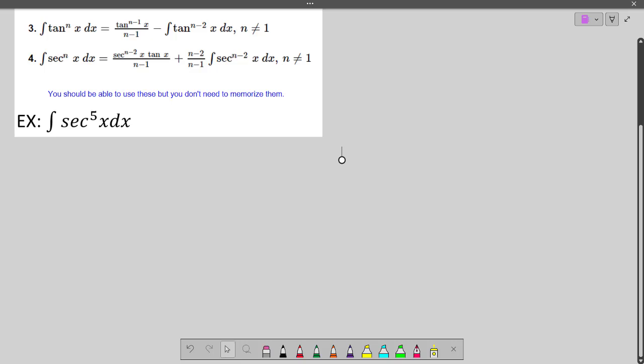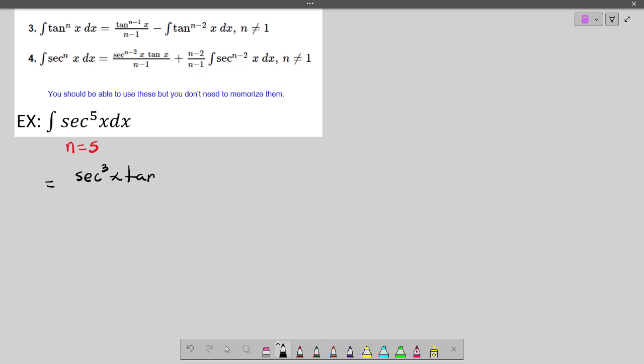So if we are looking at this last formula here, secant to the n, we're thinking of n as 5. And we just sort of do what it says to do. So we subtract 2 from the 5, and we get secant cubed of x. So wherever there's an n, all we're going to do is come in and plug in the 5.